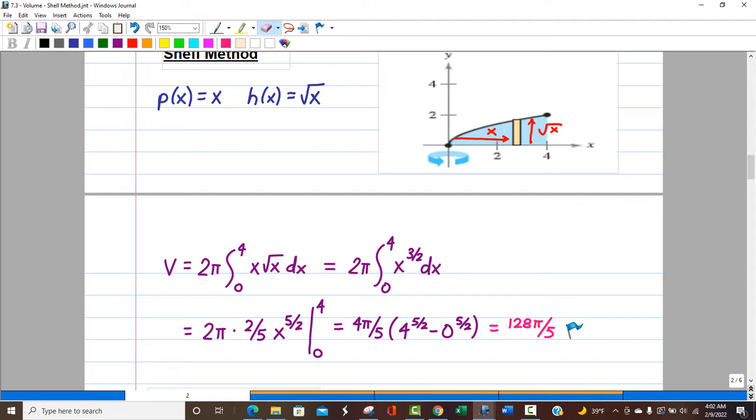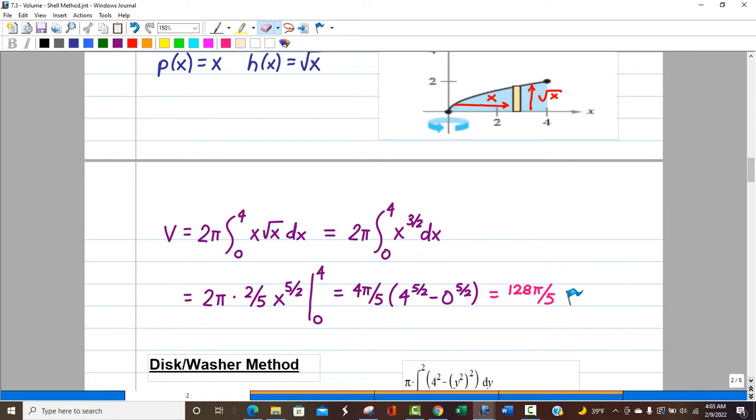So that makes that 2/5 x to the 5/2 times 2 pi. So that'll give you a 4 pi over 5 x to the 5/2, 4 minus 0. Put in 4. 4 to the 5/2 will be the square root of 4, which is 2, to the 5th, which is 32. Of course, 0 will make that 0. So 32 times 4 pi over 5 gives me 128 pi over 5.